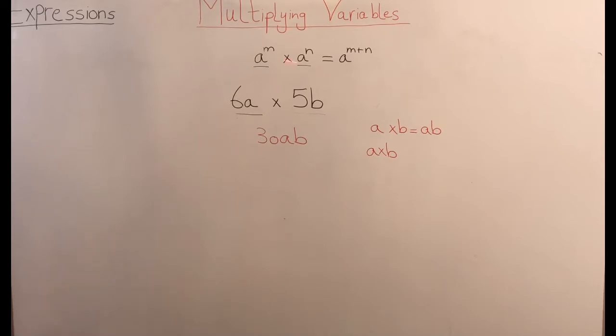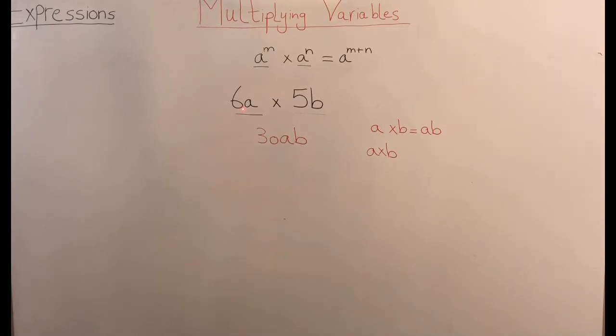So I'm going to summarize again. When we are multiplying variables to simplify algebraic expressions, there's a rule. If they have the same base, like a and a, then their powers will be added.